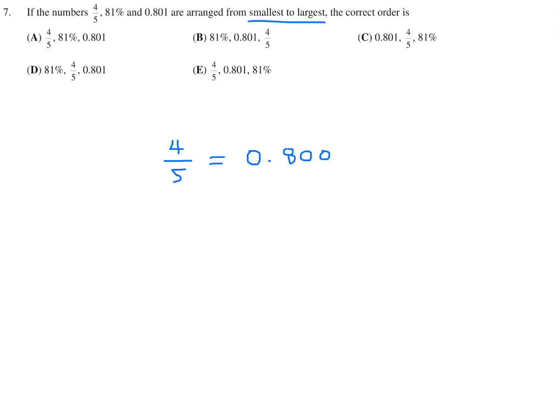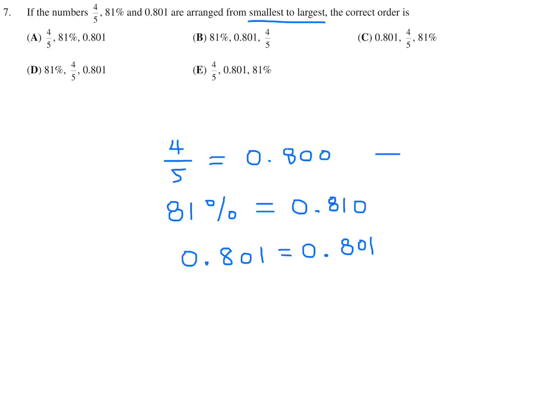I'll write it like this because everything seems to go to a third point after the decimal. 81% is 0.81. And I'll add an extra 0. And then, of course, the last one is in the format already. Now, if you compare these side by side, you'll see which one is the smallest and which one is the largest.